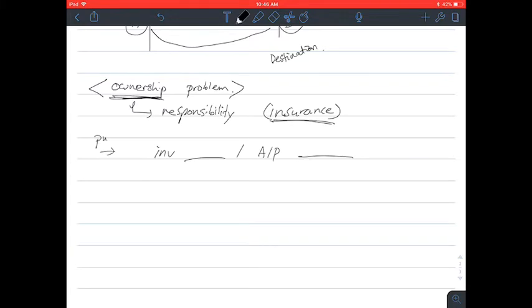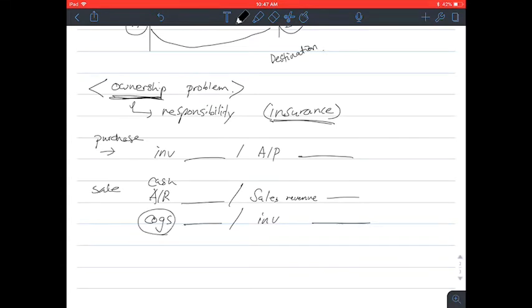So this is the purchase, and this is the sale. When there is a sale, revenue will increase, and you'll receive accounts receivable or cash equivalents. But you also have to decrease your inventory, and you have to increase the cost of goods sold.